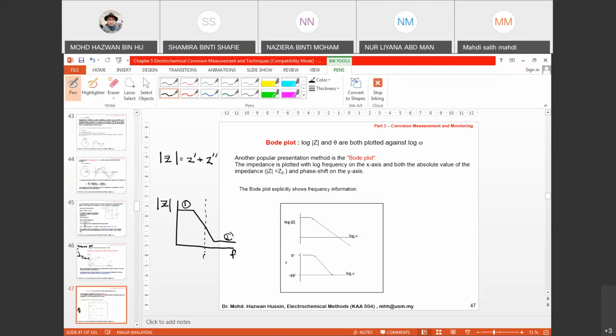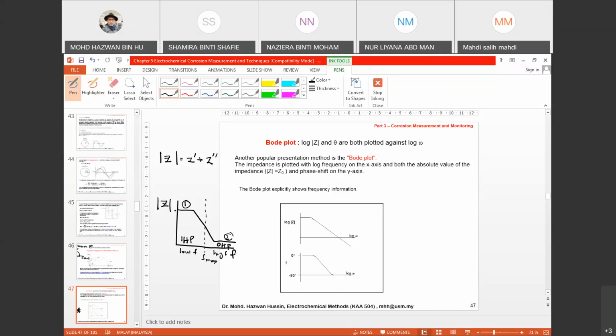So Fmax is actually here. This indicates that Fmax is basically a turning point between low frequency and also high frequency. This is the region of the inner Helmholtz plane, and this is the outer Helmholtz plane region.